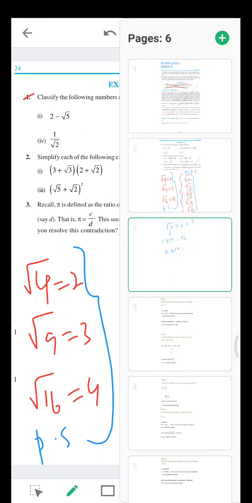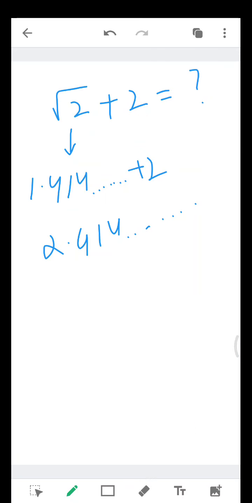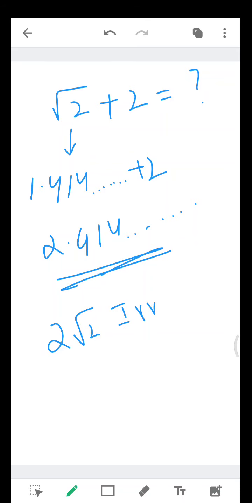I said in the introduction that all non-perfect square numbers give you non-terminating, non-repeating decimals which are irrational. So when this is non-terminating, non-repeating, and if you add 2 to that, the result will also be non-terminating, non-repeating. Or you multiply root 2 by 2, that is also irrational. Or 2 minus root 2 is also irrational. Or root 2 by 2, that is also irrational.